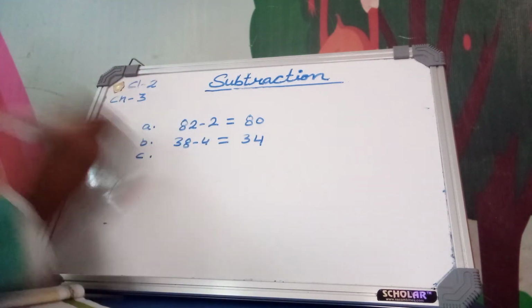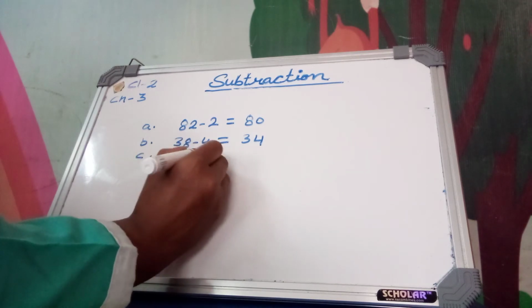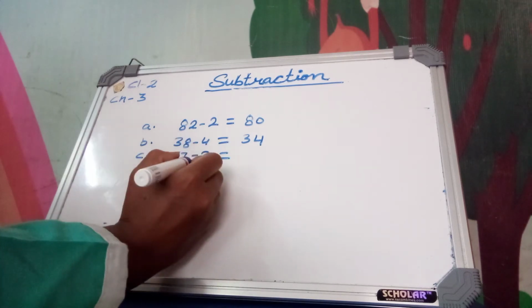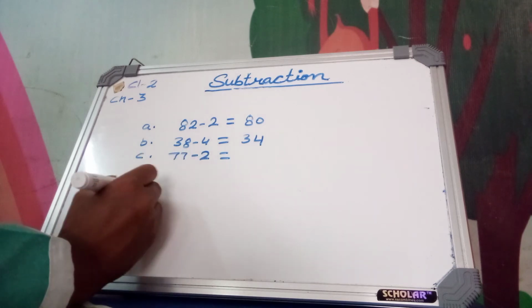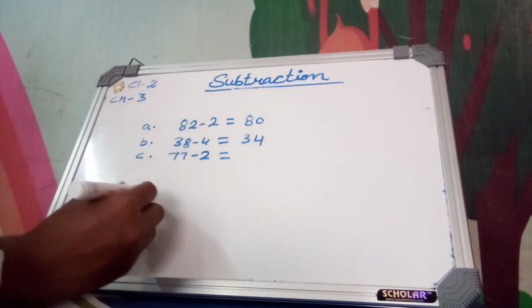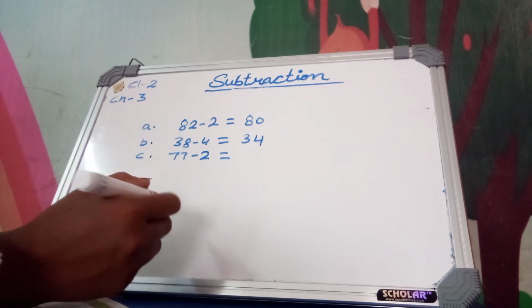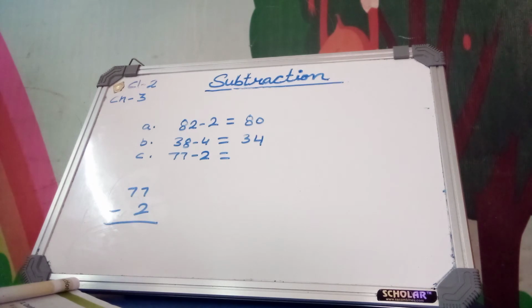Now next, C. 77 minus 2 equal to? 7 minus 2. How many numbers are left? You can use your finger also.